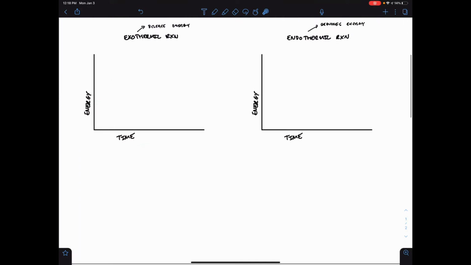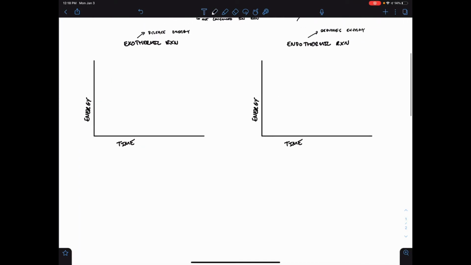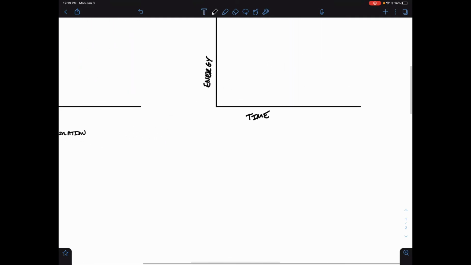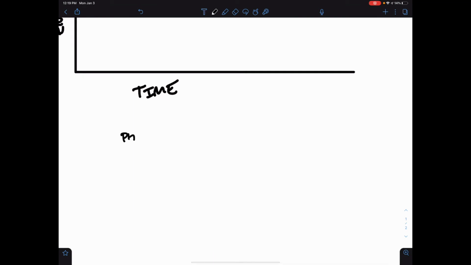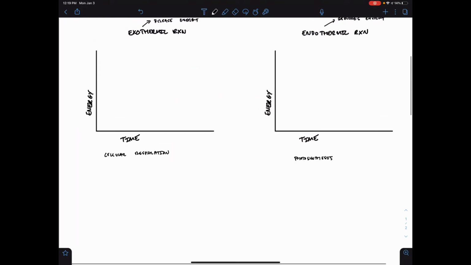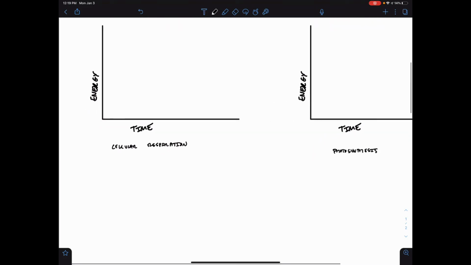Two classic exothermic and endothermic reactions are cellular respiration and photosynthesis. We're going to be talking in much greater detail about these two reactions later on in the year.